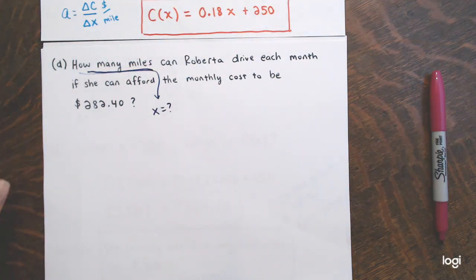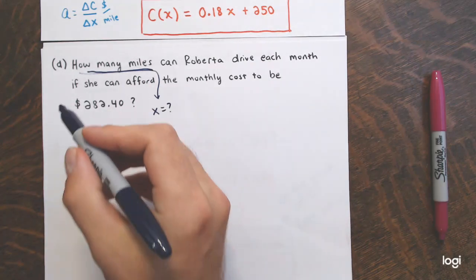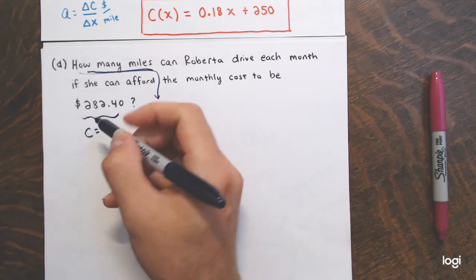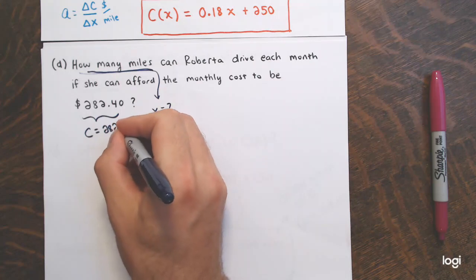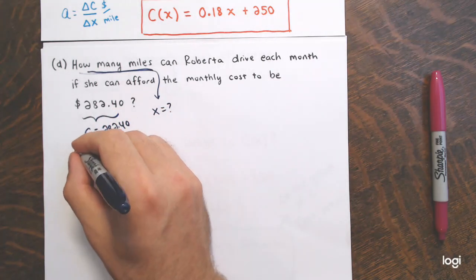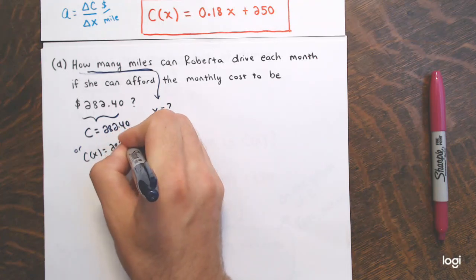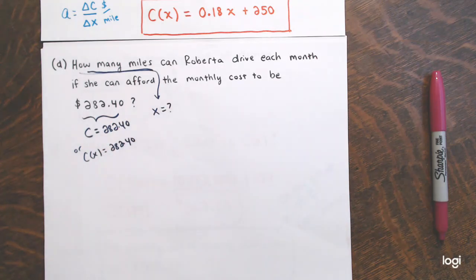How many miles can Roberta drive each month, if she can afford the monthly cost to be $282.40? So this is the cost. So C equals 282.40, or you could say C of x equals 282.40, and this is the equation that we're solving.